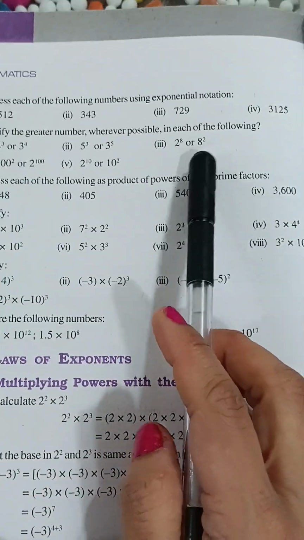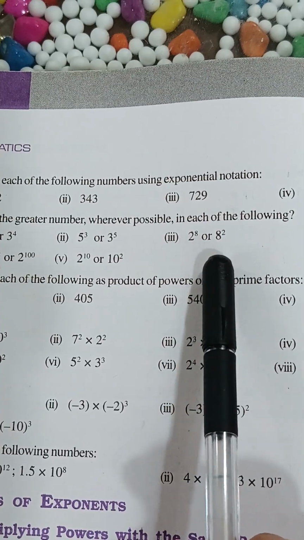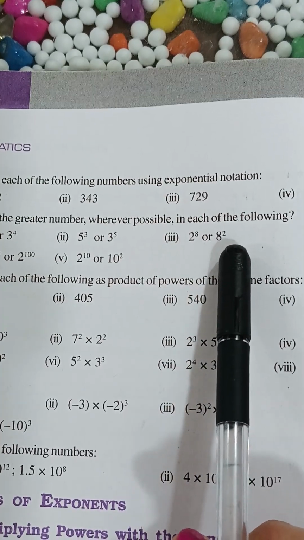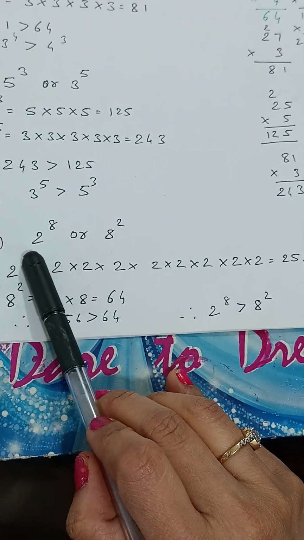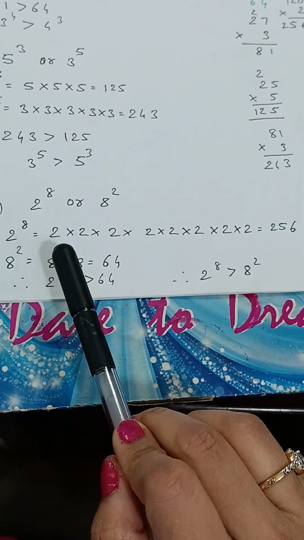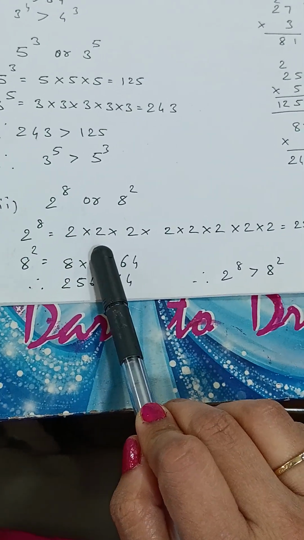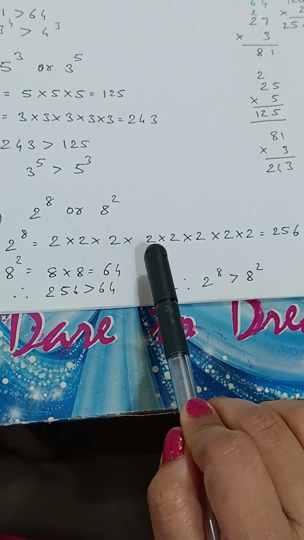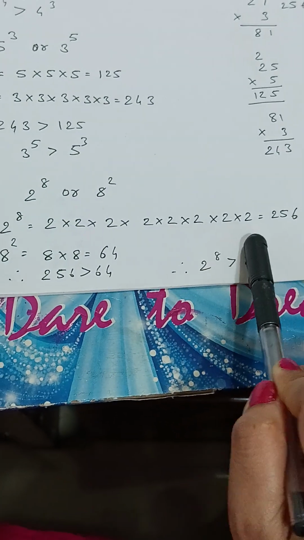Okay, now the third question. The third question is 2 raised to the power 8 or 8 raised to the power 2. Which is greater? Let's see the solution here. 2 to the power 8 means we will multiply 2 eight times. 2 multiplied by 2 multiplied by 2, and so on.